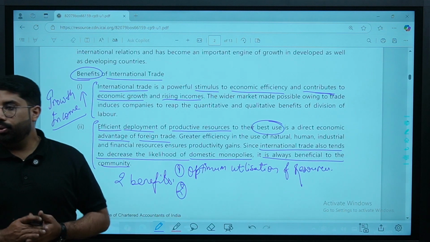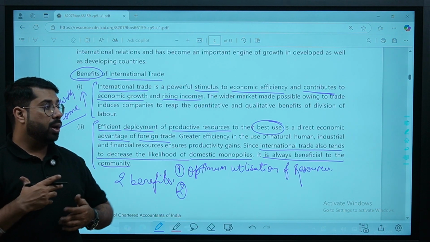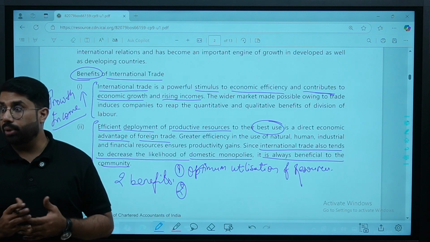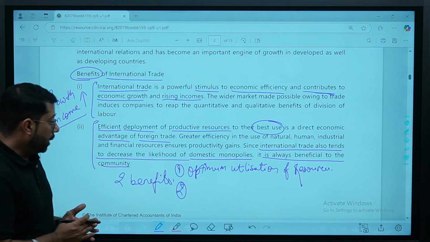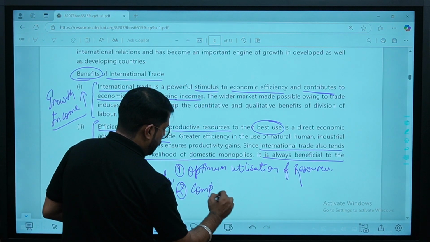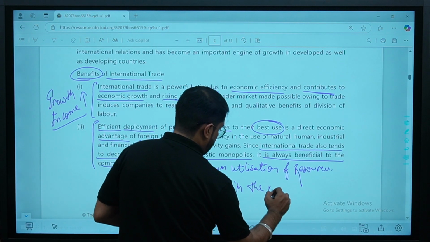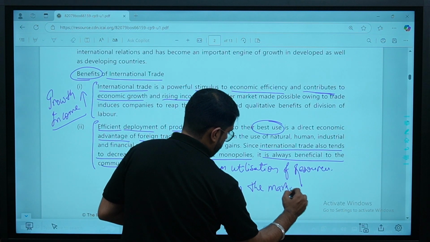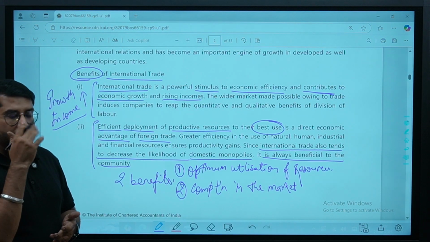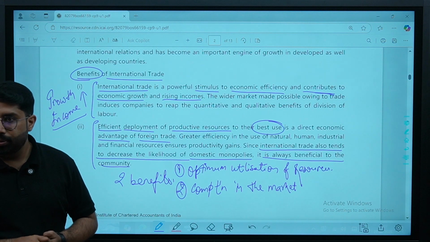Whatever resources you have, you are not only using them for yourself, right? You are using them for international trade, where you can use your resources in a better way. And the second benefit is that it builds up competition in the market. So when you do international trade, sellers from the foreign market are also entering your space, right?